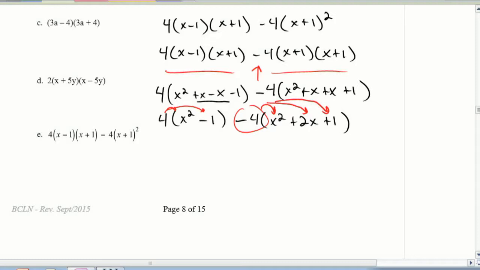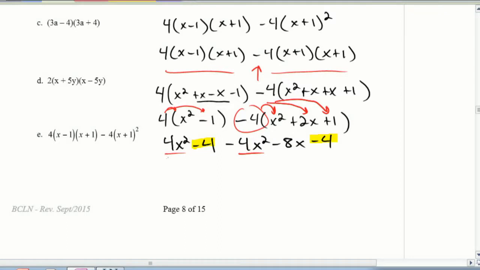All right, so here I have 4x squared minus 4, and here I have negative 4x squared minus 8x minus 4. Now I can combine like terms. X squared, I have a minus 4 and a minus 4. And then I have this 8x. It's just going to kind of hang along. Nothing I can combine it with.